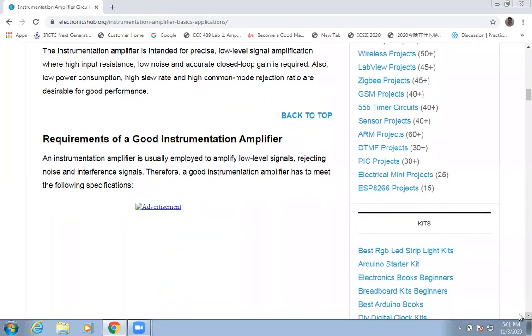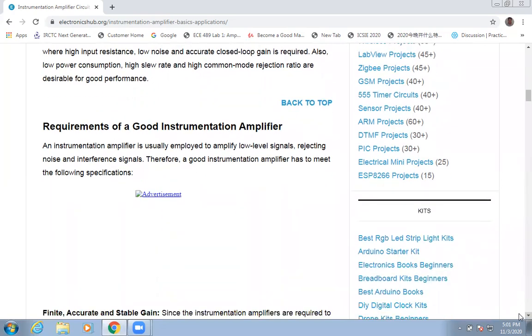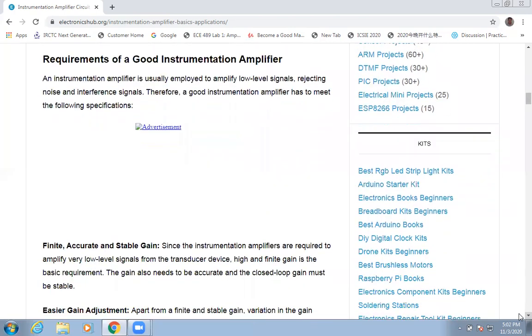Now I will discuss some of the requirements of a good instrumentational amplifier. Instrumentational amplifier is usually employed to amplify low-level signals, rejecting noise and interference signals. Therefore, a good instrumentational amplifier must have the following specifications.